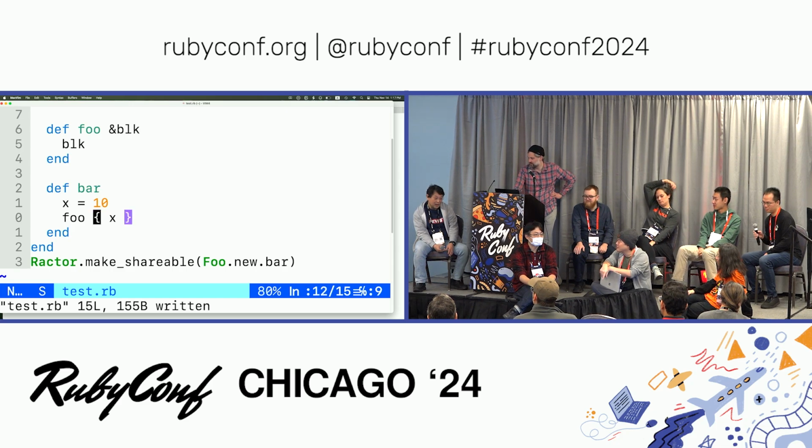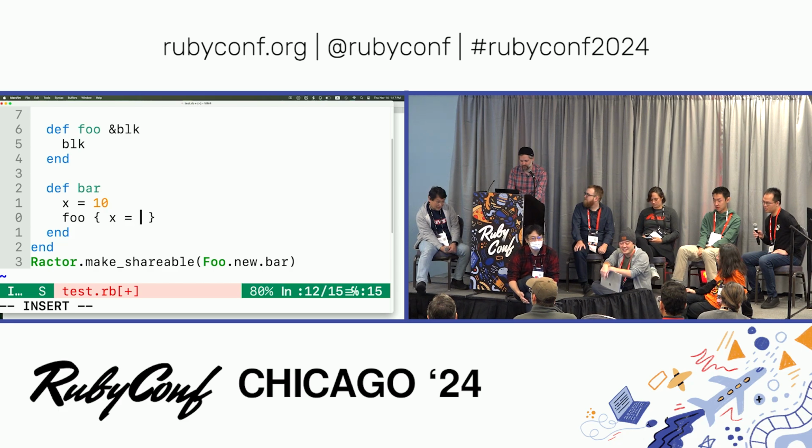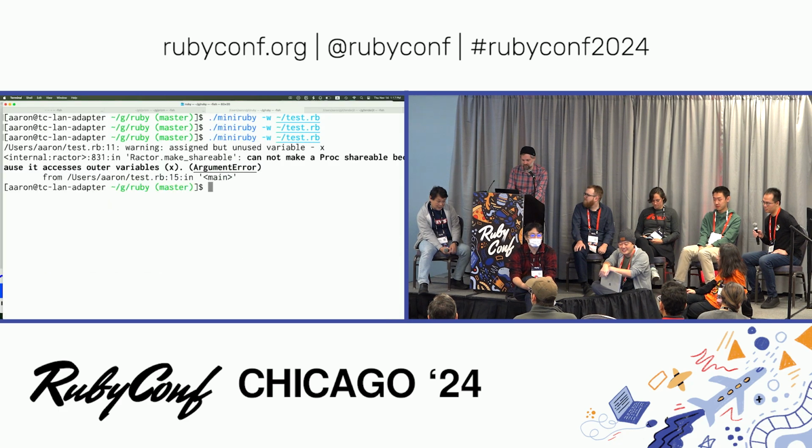Why does that work? The block is orphan. The block is orphan. So if I do, can I do like X equals 1, 2, 3? Is that okay? Yeah. There we go. Okay.